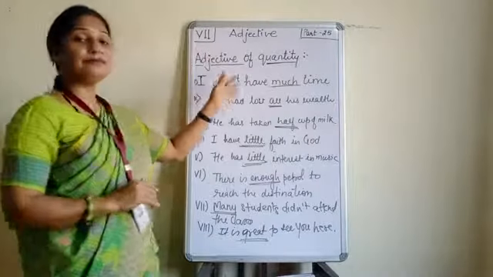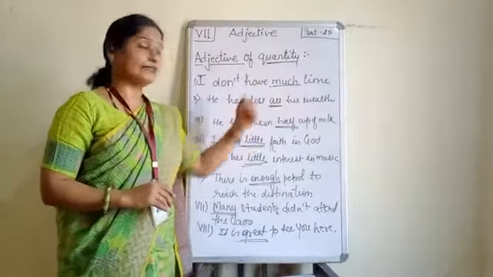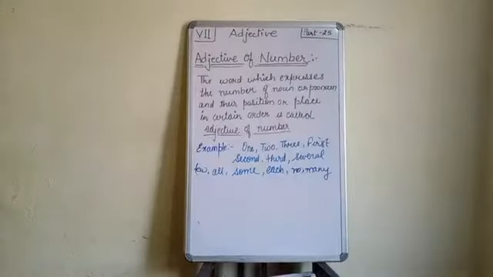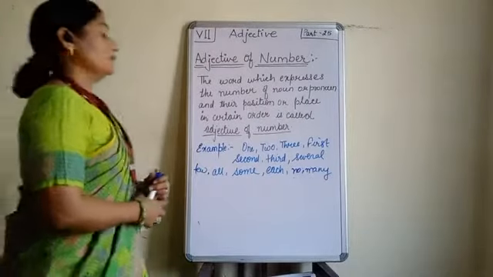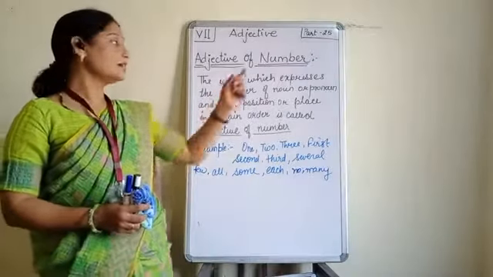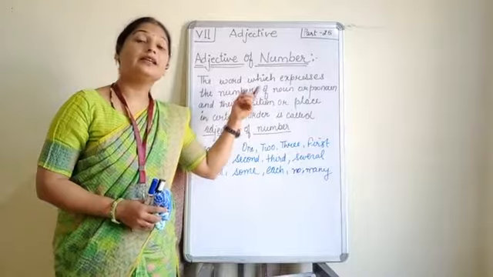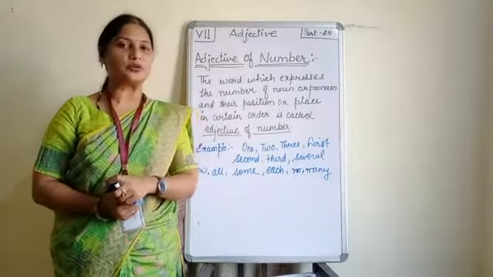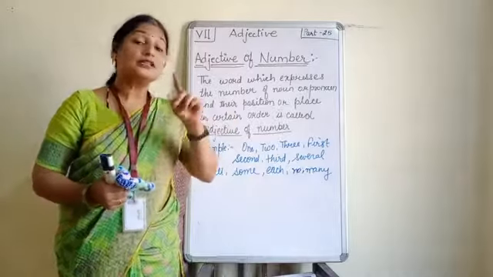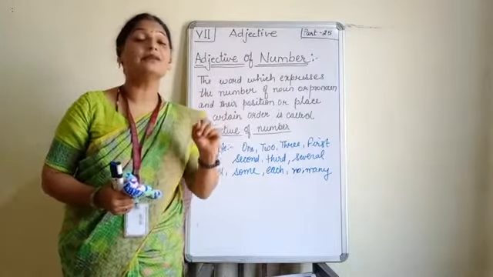Now we'll begin with a new kind, adjective of number. Okay. Now see, adjective of number. The word which expresses the exact number of a noun or pronoun. Okay, what I have written earlier, the word which expresses estimated number.